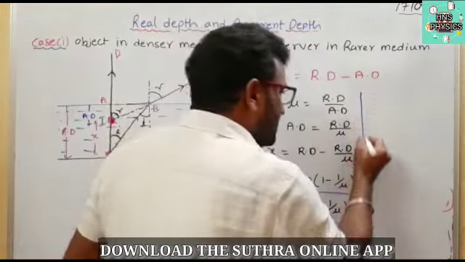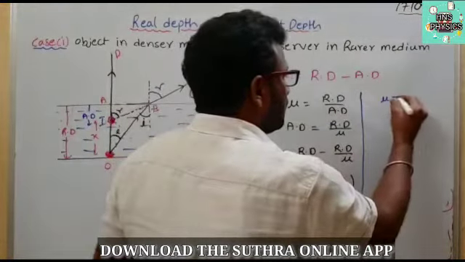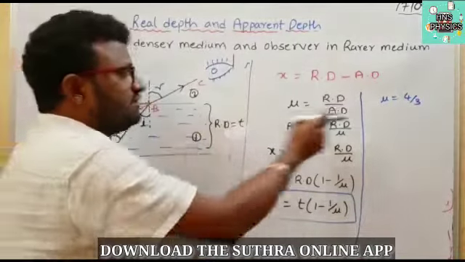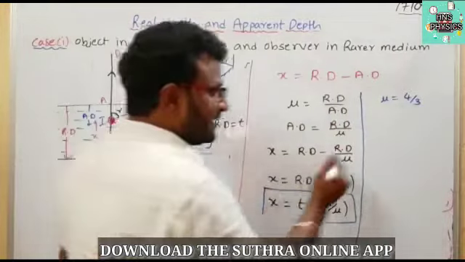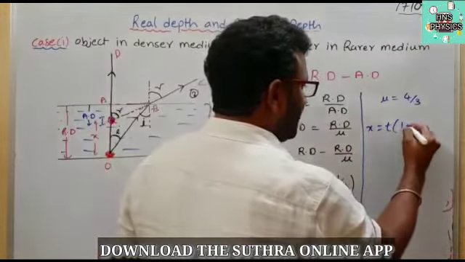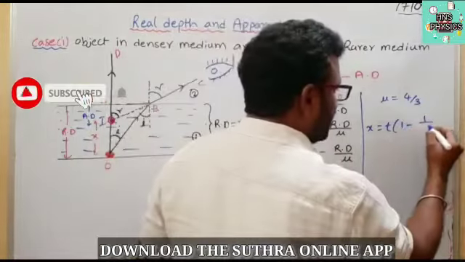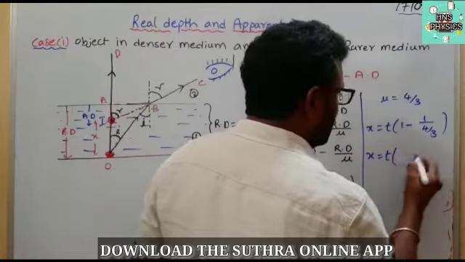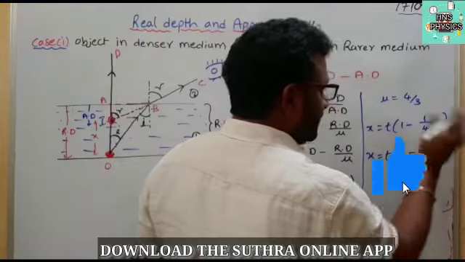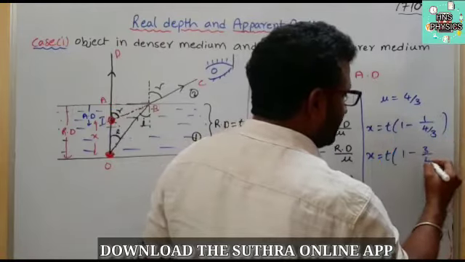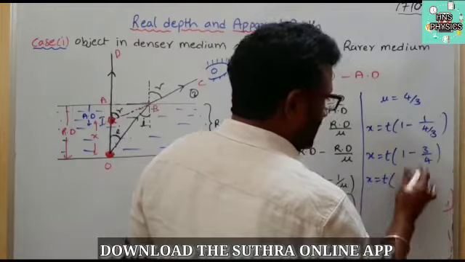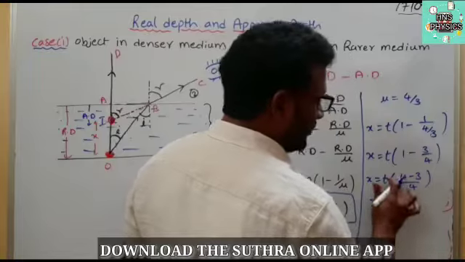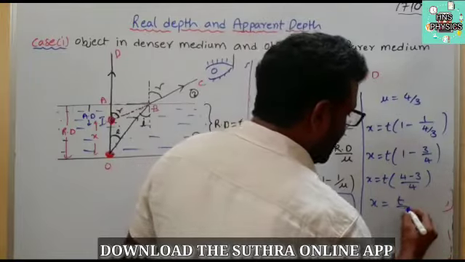For example, if I take a mu value of 4 by 3. Why are we taking 4 by 3? Because the refractive index of water is 4 by 3. If I substitute here, then X is equal to T into 1 minus 3 by 4. Taking LCM, X is equal to T into 4 minus 3 by 4, that means 1, so you will get T by 4.